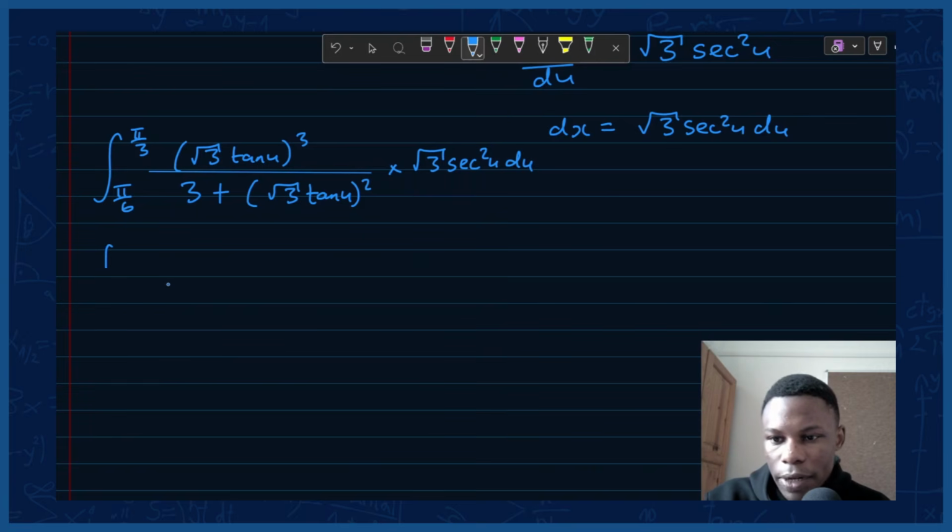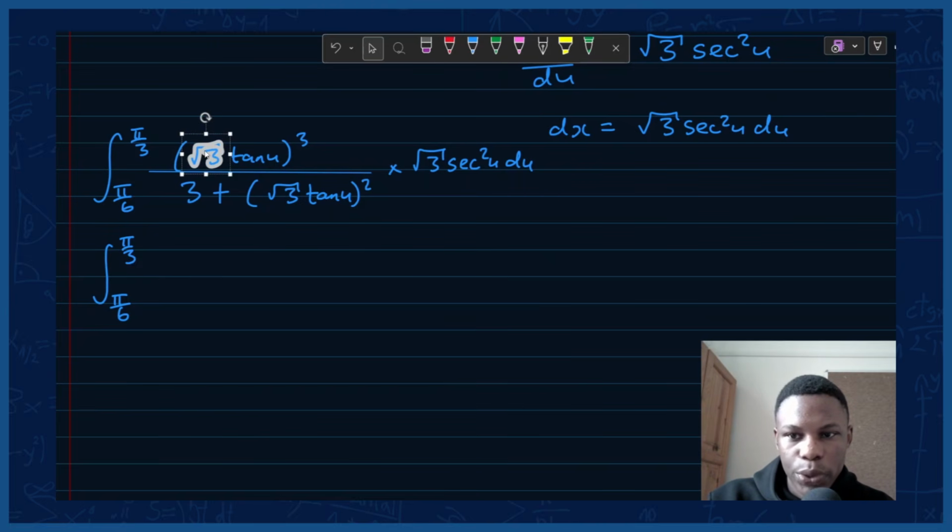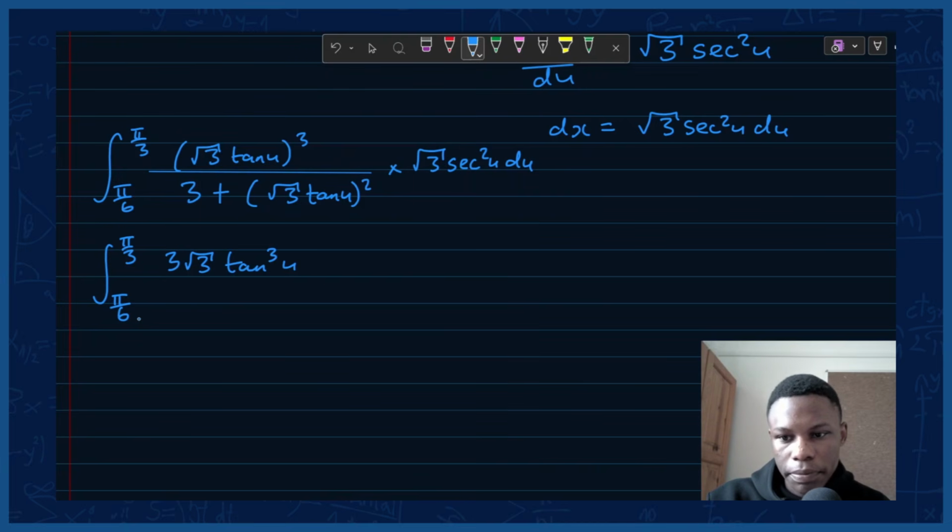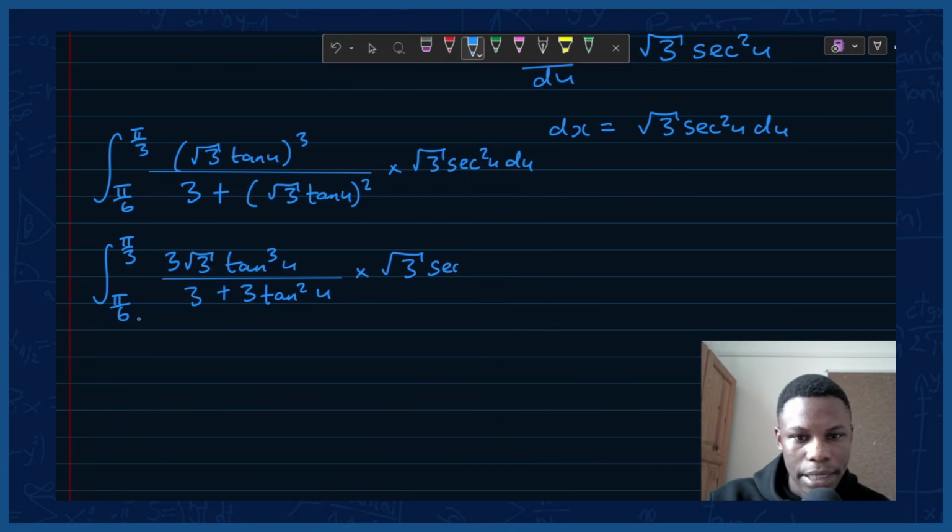Okay, let's simplify. So this is the integral from pi over 6 to pi over 3 of, here, cube root 3. If you cube root 3, we did this earlier, this gives us 3 root 3, and then cube your tan, so tan cubed u divided by, that's 3, and then square the root 3, that gives you a 3, square the tan u, that's tan squared u, and this is being multiplied by root 3 sec squared u du.